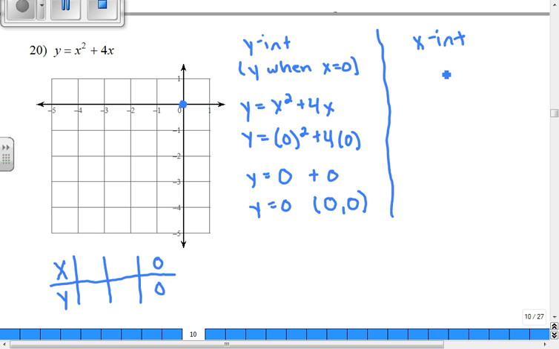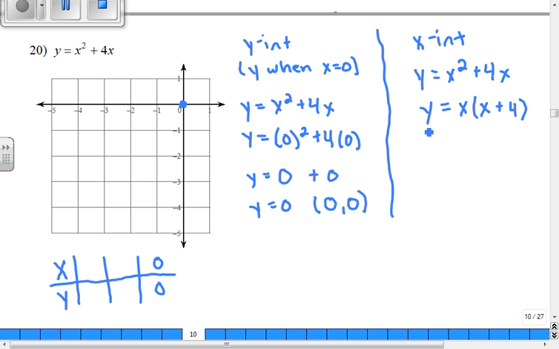When factoring, the first thing we ask ourselves is, can we factor out a GCF? That is, is there anything that all the terms have in common? In this case, yes, there is. x squared and 4x have x in common. So x times x is x squared, and x times 4 is 4x.